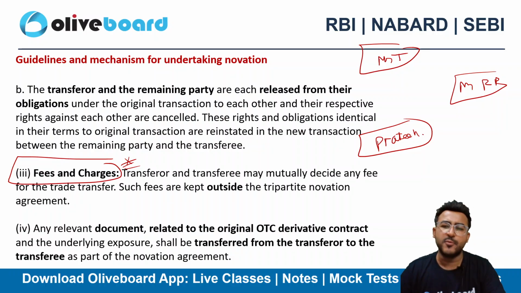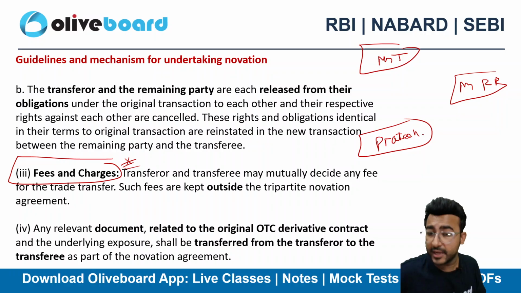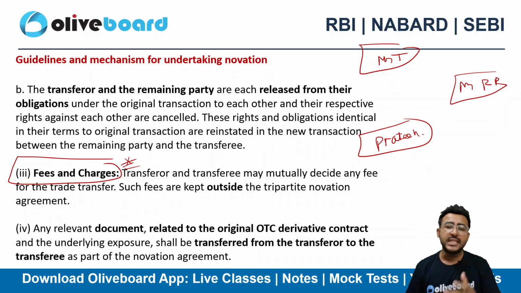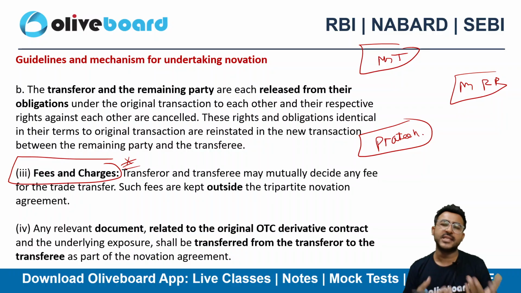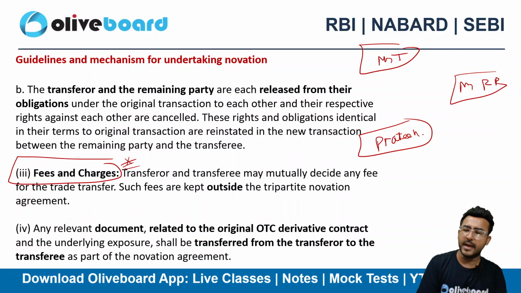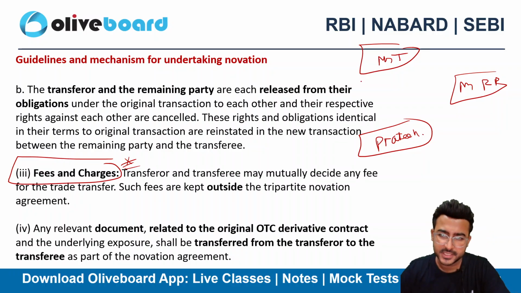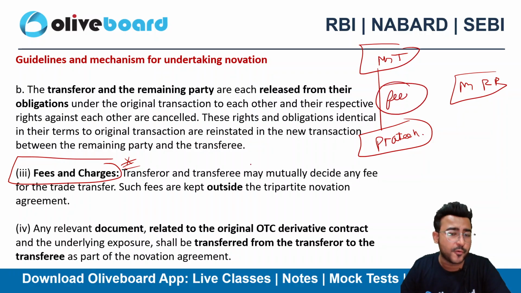However, if Mr. T wants to charge any fees from me, he can do it. Mr. T can charge a fees from me, ट्रांजेक्शन फीस के नाम पे या कोई भी फीस के नाम पे मुझसे फीस चार्ज कर सकते हैं. And if I pay him the fee, if the fee has been agreed, this won't form part of the triple agreement. This will be outside the triple agreement.